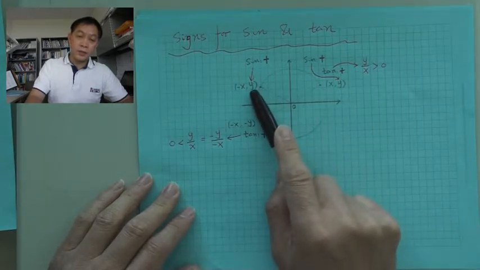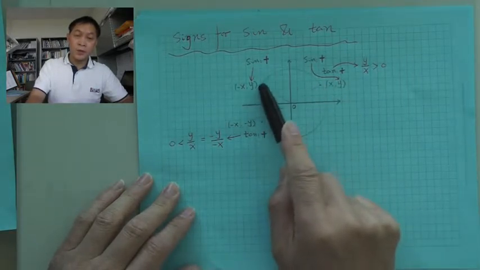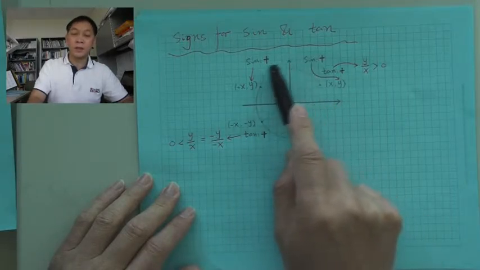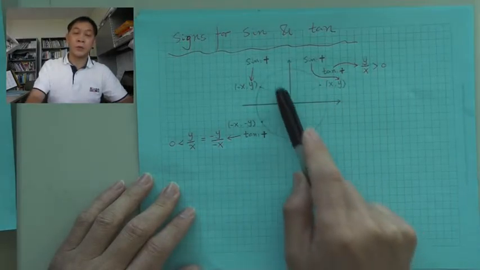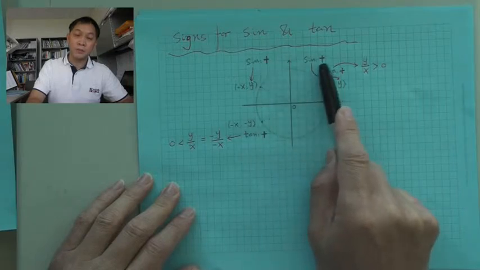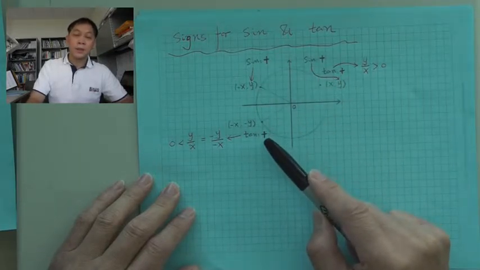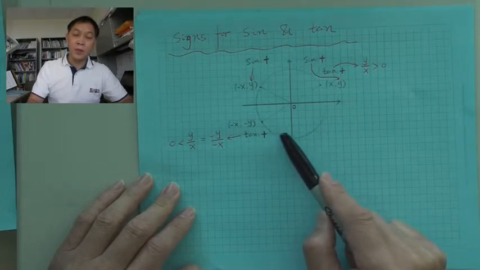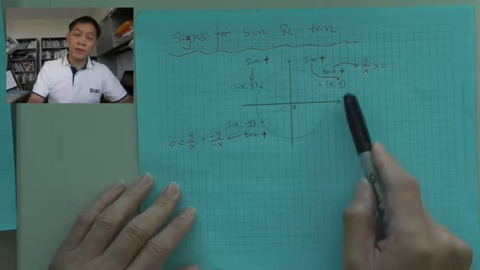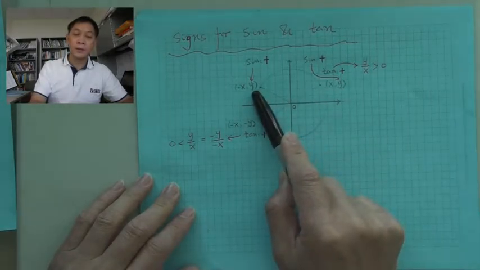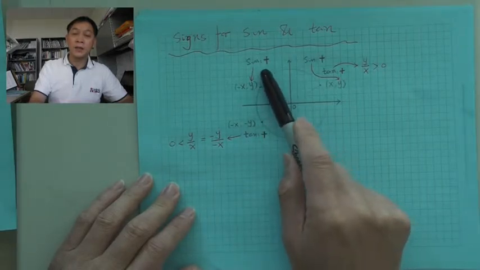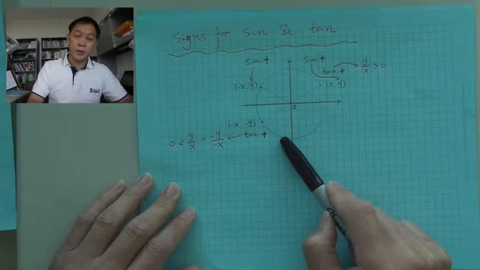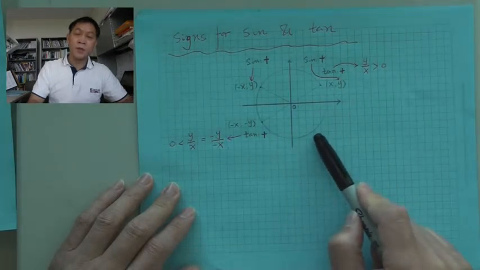In this case, y is positive in quadrant 1 and 2 for sine. So I wrote sine is positive. Down below here, that means in the third quadrant and fourth quadrant, you have a negative y. So sine is negative in quadrant 3 and 4.